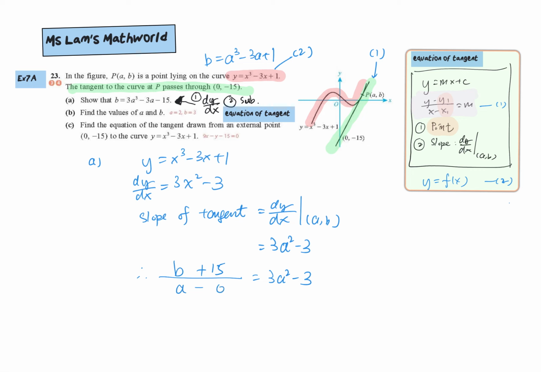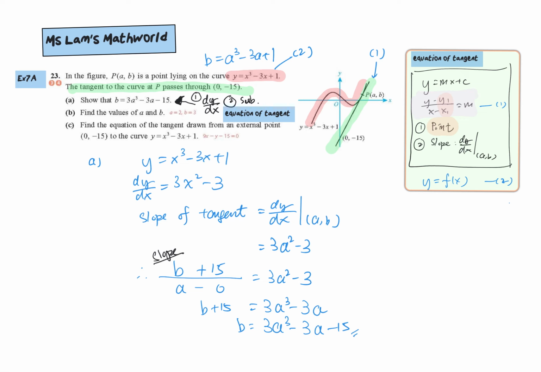So it is a slope. Multiply a on both sides, you get 3a cubed minus 3a. And then we put b as the subject, and we will get the answer of b.